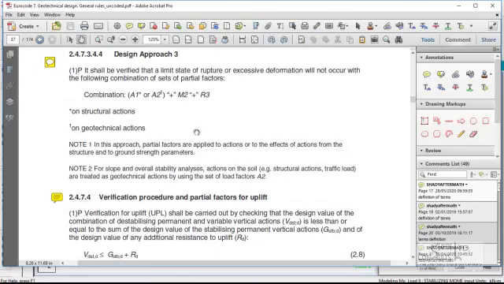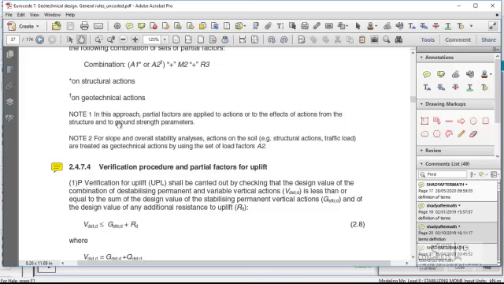The asterisk shows when you're combining the actions with the material factor and then the resistance. A1 is when you're combining actions, which are forces associated with loads and not geotechnical forces generated by the soil. In this approach, partial factors are applied to the actions or the effect of the actions.